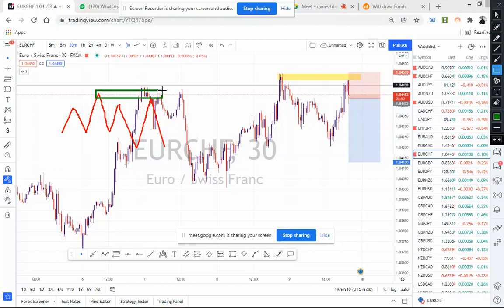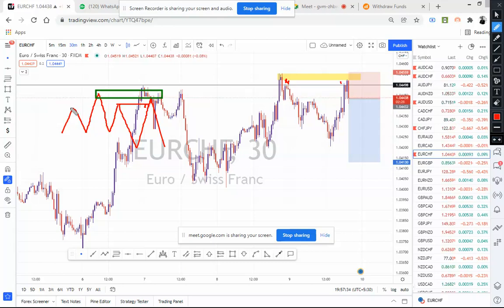If the supply zone is here, the market has already broken resistance, broken resistance to resistance, because there's a resistance here before the price reaches the supply zone. R1, R2. So the market reached the supply zone and dropped.